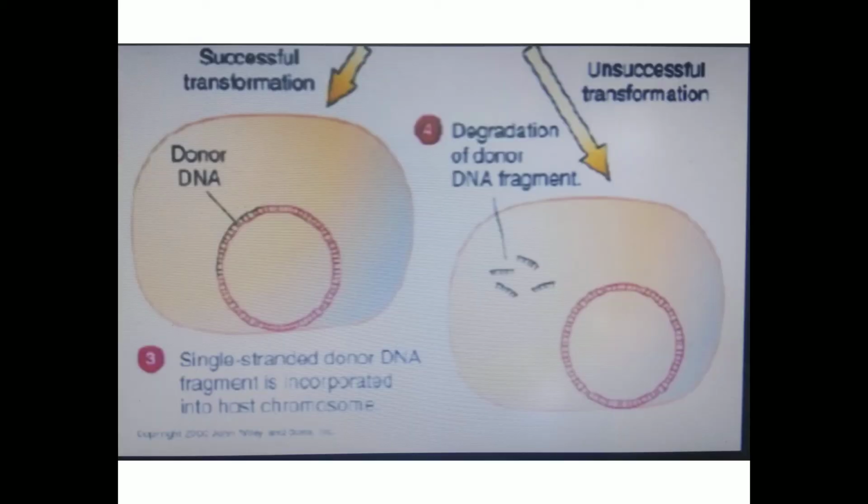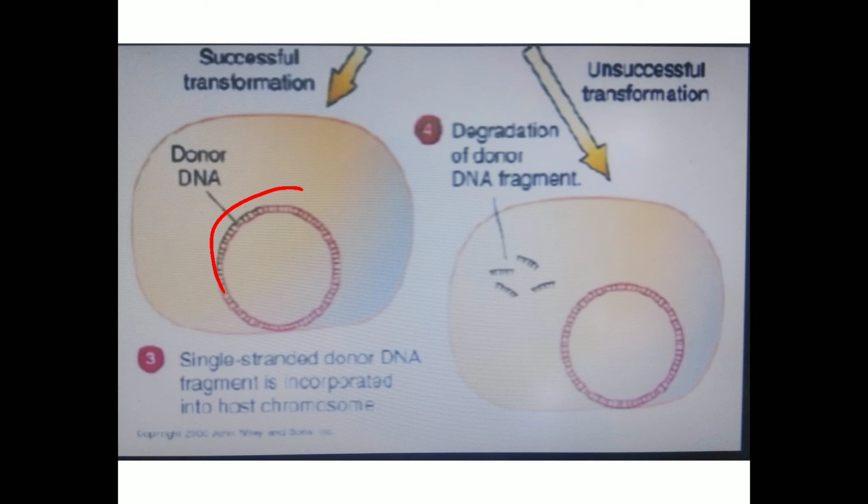And the third step: once the donor DNA enters inside the bacterial cell, there are two possibilities. The first possibility is that the donor DNA is deposited or incorporated over the bacterial chromosome.